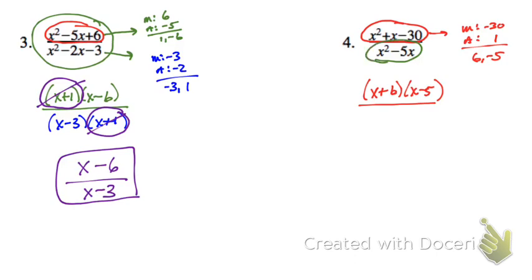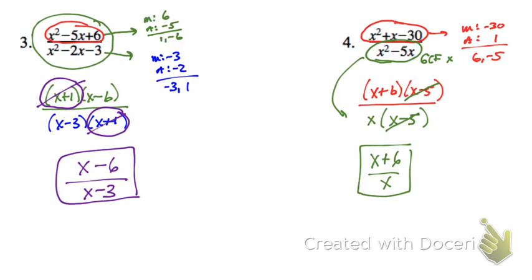Well, that's one from yesterday. That's a GCF. What's the GCF in there? X. They both have x's. So what would we do? We would take an x out of there and we get x times x minus 5. Now we can cancel the x minus 5 because one's in the numerator, one's in the denominator. And we get a final simplified answer of x plus 6 over x.